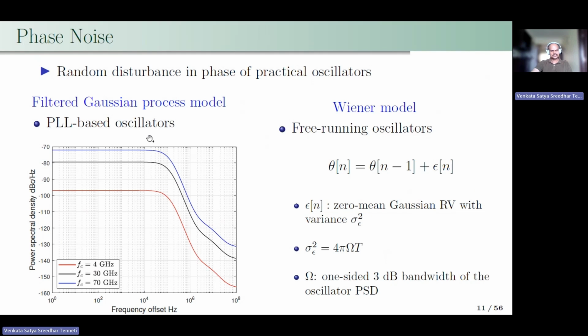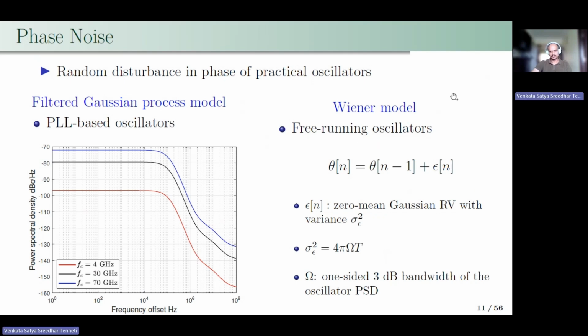In this model, phase noise is generated by passing a white Gaussian noise through a filter with a desired transfer function, and the transfer function of this filter dictates the power spectrum of the phase noise. In this figure, I am showing an example power spectral density of phase noise at multiple carrier frequencies. As you can see here, as the carrier frequency increases, the phase noise level increases.